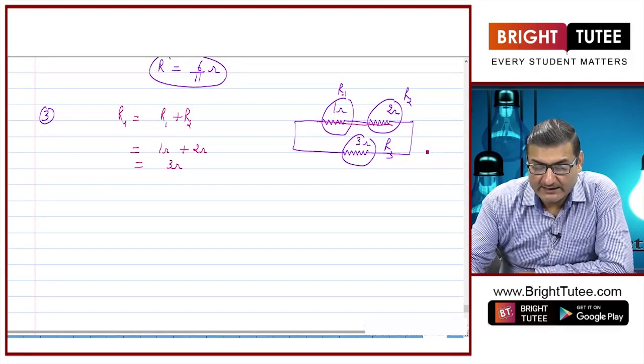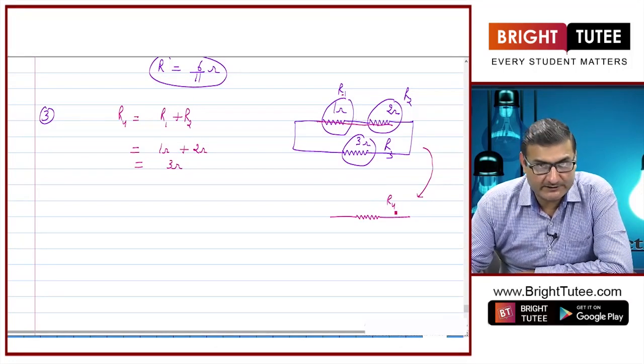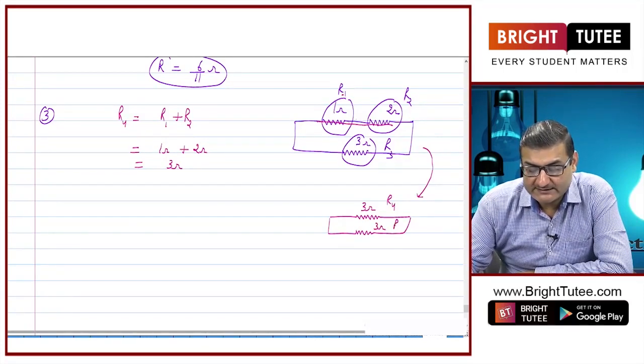Right? So, now I can change this figure: instead of writing two resistances, I'll write one resistance, a combination of R1 and R2 given by R4, and this is of 3 ohms. The second resistance is as it is, that of 3 ohms. Now I see that this R3 and this R4 are in parallel to each other.